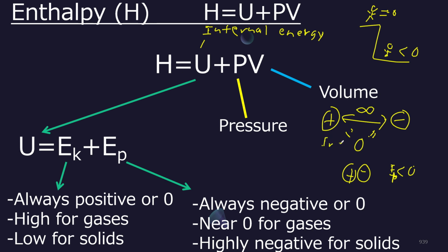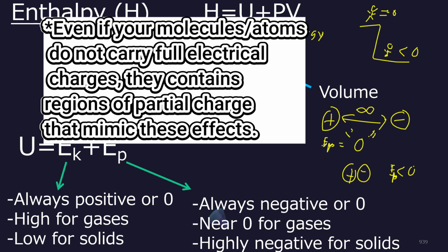So we can say the top is EP equals 0 when they're very separated, and they're approximately infinitely separated when we have a gas. They're very far away, and we assume that they don't interact very much. To get those positive and negative charges to separate again, we would have to put in work from outside, or put in energy from somewhere else. This is really important for physics, especially HL, but it's also important to know for chemistry. It's really nice if you can really understand the enthalpy equation.